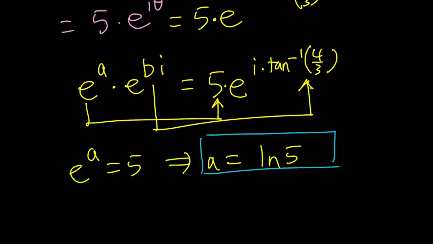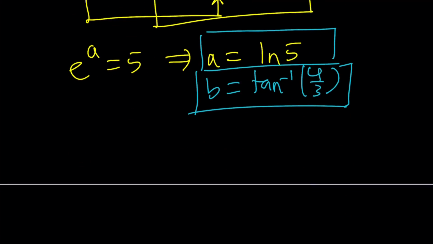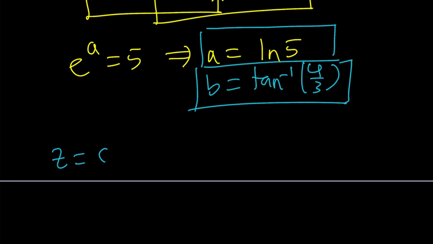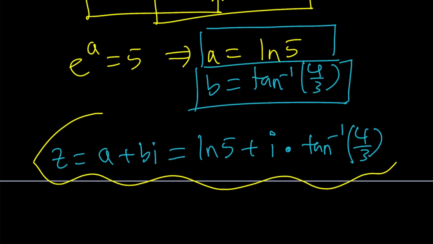And with the second piece, b happens to be this number here. So b is going to be tan inverse of 4/3. Okay? Now, what are we looking for? z equals a plus bi. Therefore, our number is ln 5 plus i times tan inverse of 4/3. Some people call tan inverse arctangent, but this would basically be the answer.